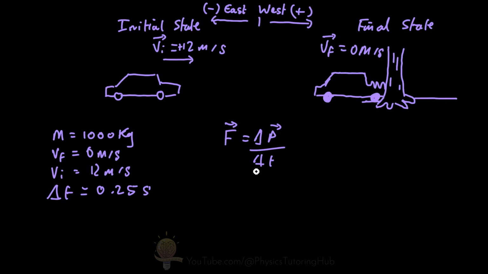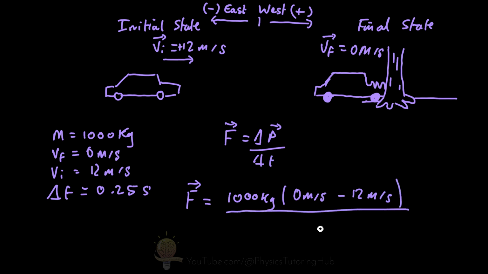So let's add in our values. Our force is equal to the change in momentum, which equals the mass, 1,000 kilograms, of our object, multiplied by the difference in the velocity. So the final velocity is 0 meters per second, minus 12 meters per second, that's the initial velocity, divided by the change in time, which is 0.25 seconds.